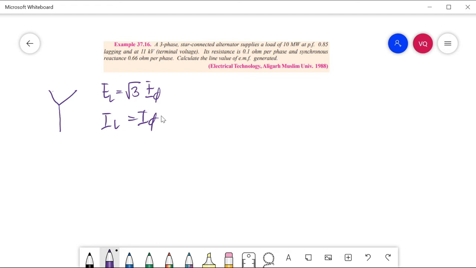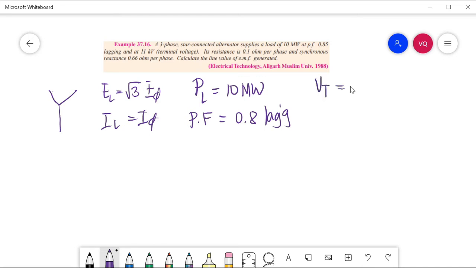So we have here a load of 10 megawatts. So PL, that is in 3-phase, is 10 megawatts. And the power factor is equal to 0.85 lagging. Terminal voltage VT is equal to 11 kV.